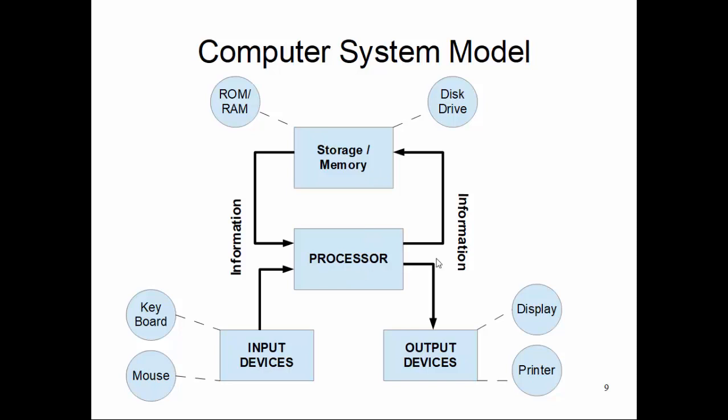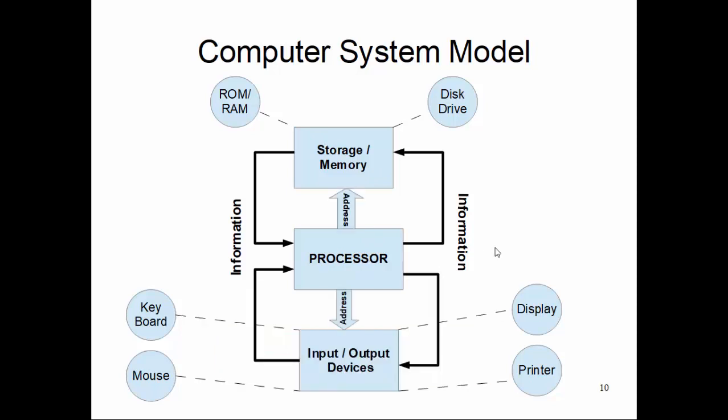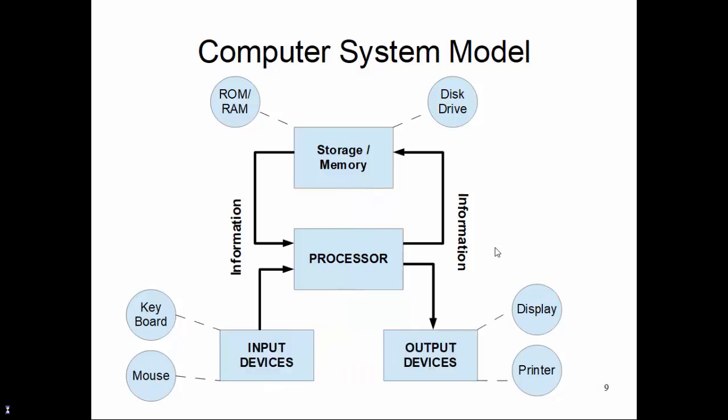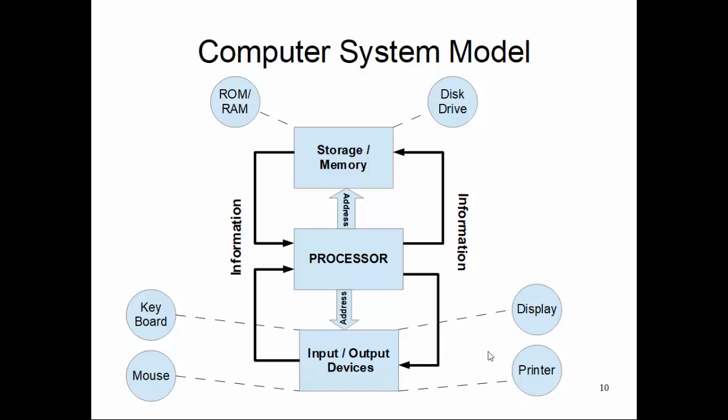From this view, let's club the input and output devices together and call it an IO device. This IO device class has all these devices together: keyboard, mouse, display, printer, for example. And now you see the information flow from this conceptual IO device block is bidirectional.